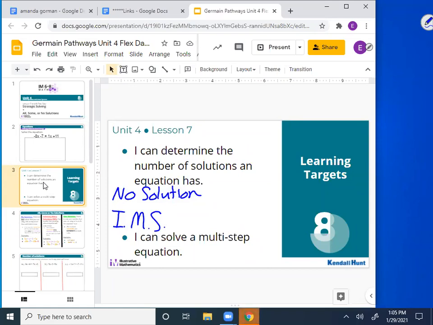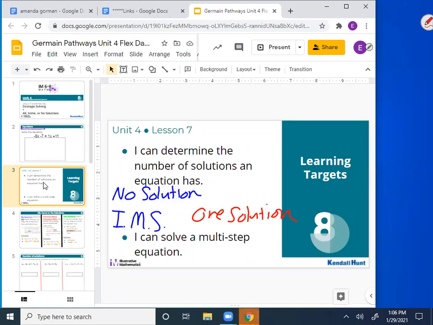Fantastic job. Last possible combination, just like Jada Ramos said, Avery. 1 solution. Very good. 1 solution was the one that we really introduced and focused on yesterday. Very good. 1 solution. Okay, so those are our 3 options for determining the type of solution it has.